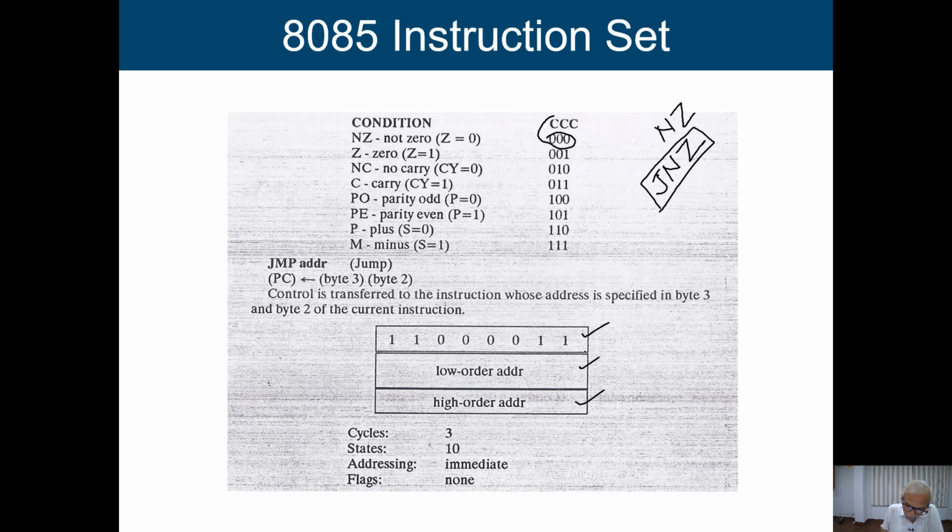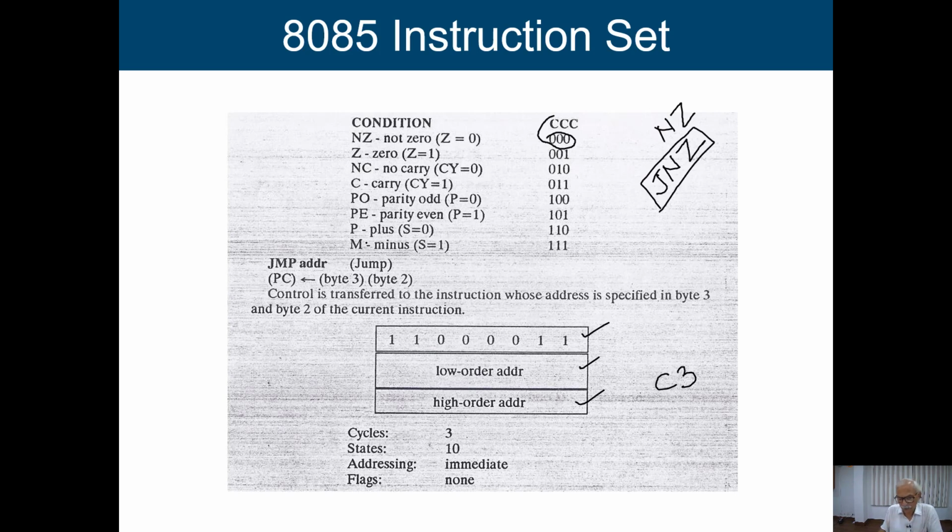The first byte gives the opcode, then we have the lower address and higher address. So what is this basically? This is 1100, which is 12, and 12 is C, and this is 0011, which is 3.